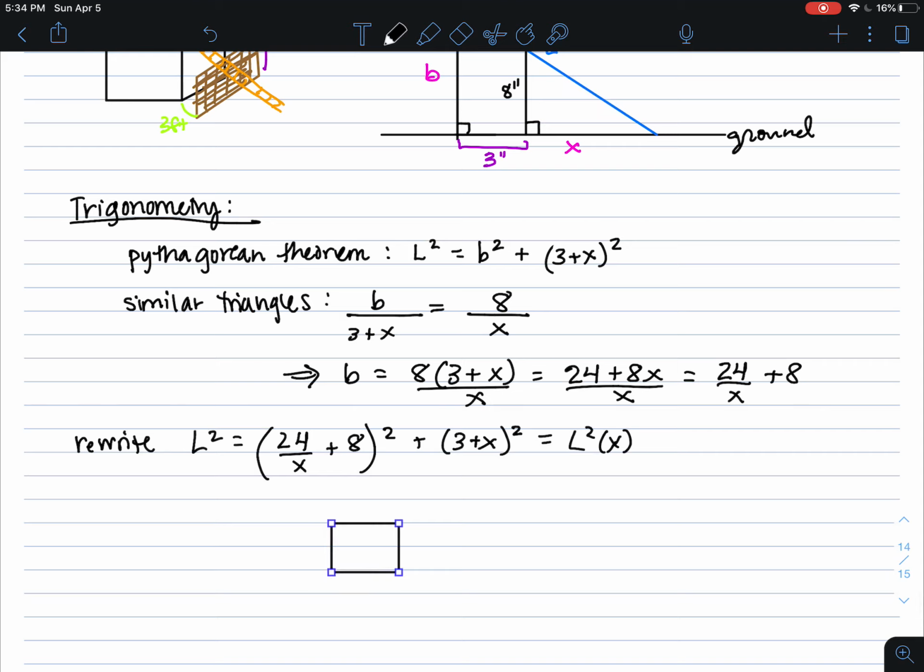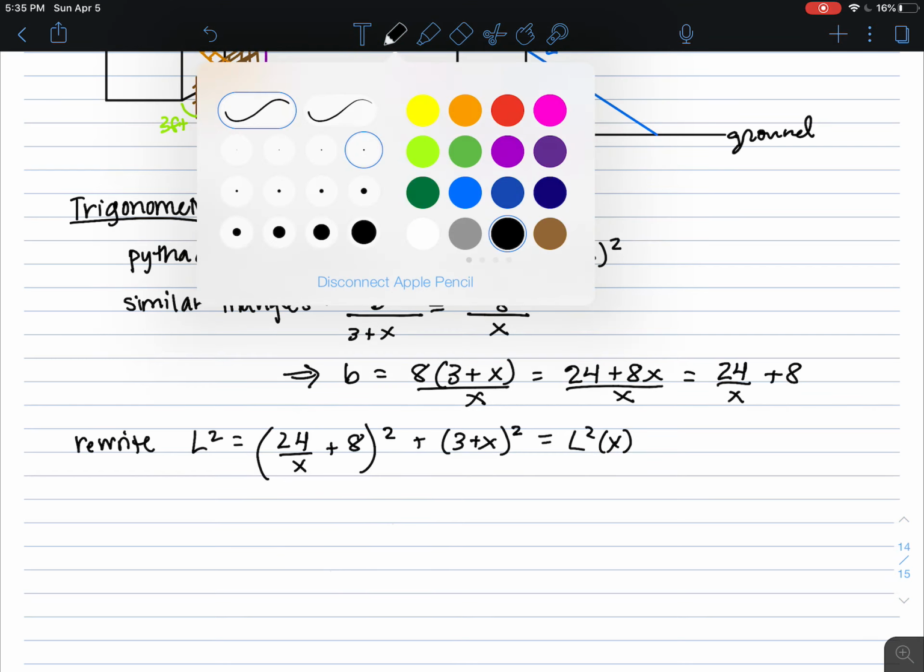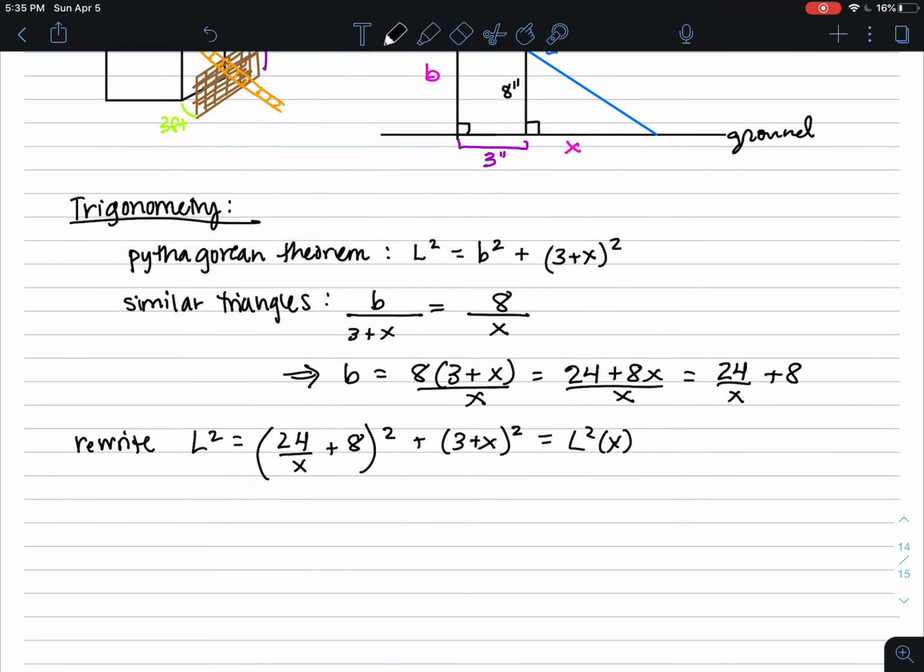If I have a square, and it's length times length, if I minimize the area of the square, I'm also going to be minimizing the length. Okay, so that's what we're doing, which means we'll just take the derivative of this length squared function.